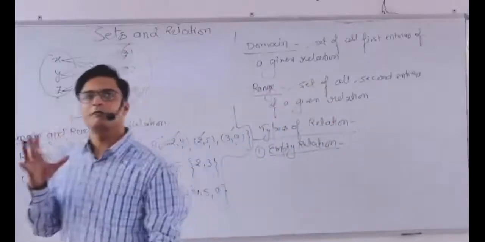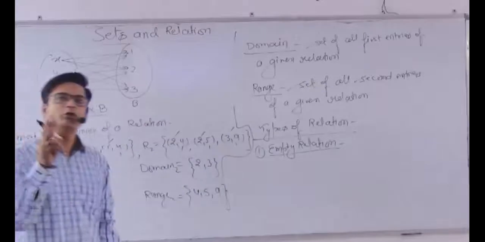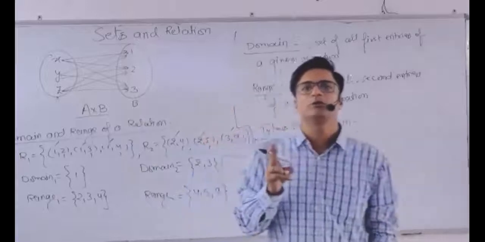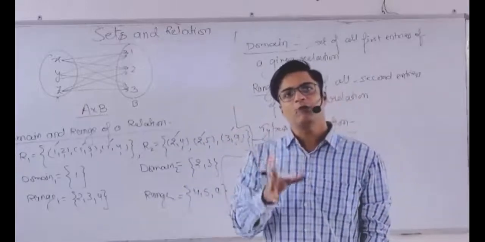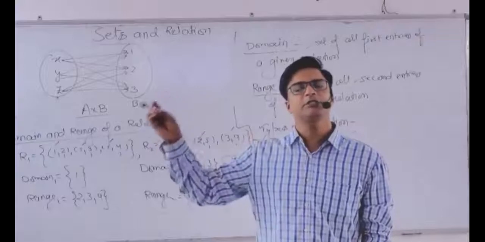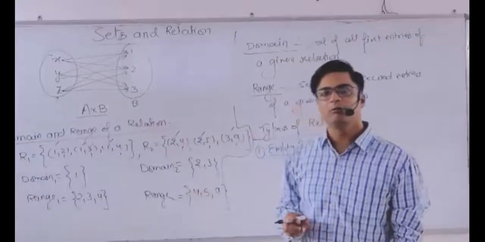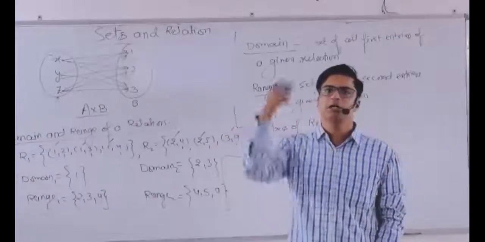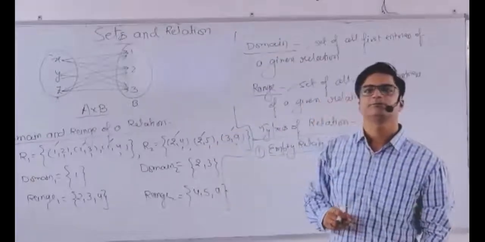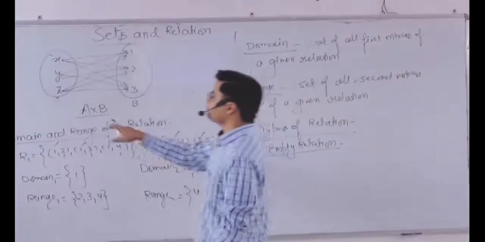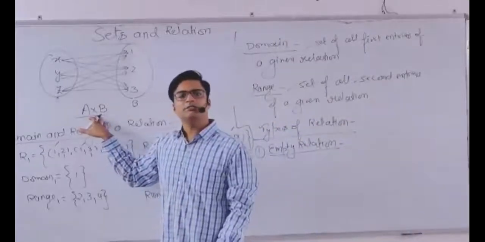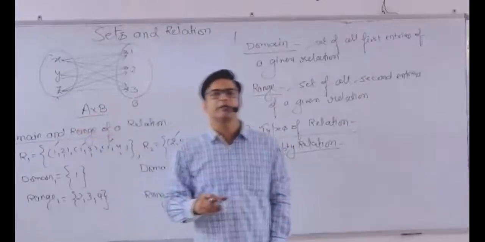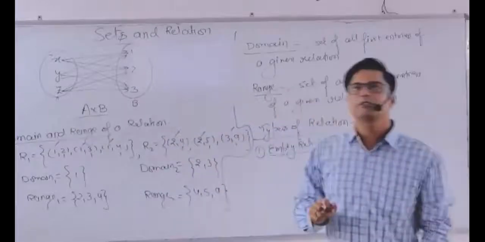Understand, when we were discussing subset, I told you your null set will always be a subset of each and every set. If you remember, yes or no? So A cross B is also a set, and in the relation we are considering a subset of this Cartesian product.